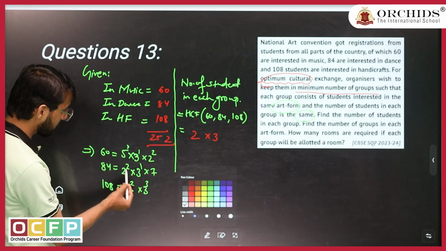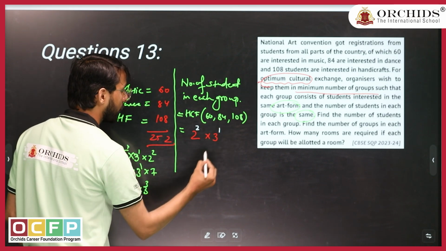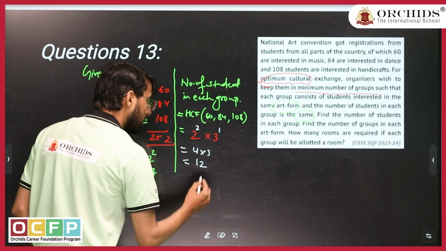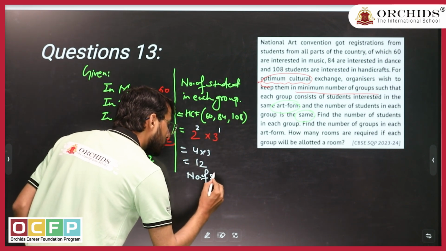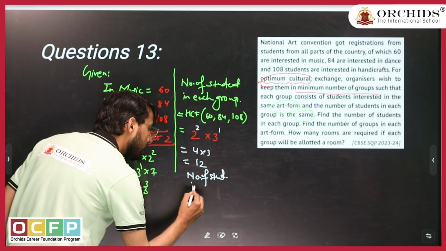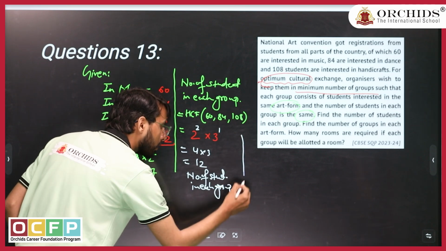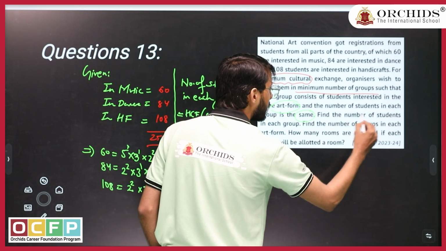The least power of 2 is 2 and the least power of 3 is 1. So what we got? 4 cross 3. It means 12 students in each group. This is only the first part of the question we have done. The remaining part is there. So we got 12 students.